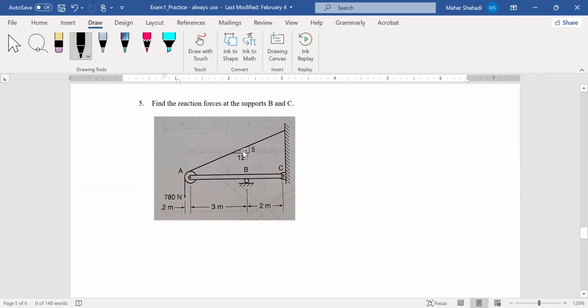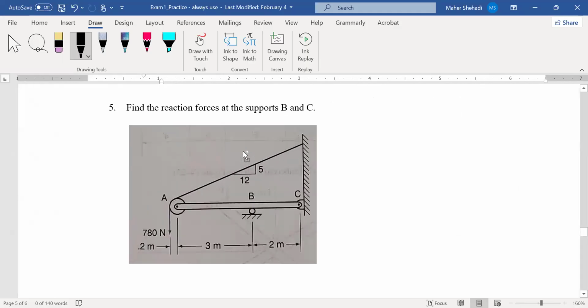Find their reaction forces at the supports B and C. So this one I need to give you one as pin, the other as roller. Otherwise, we can't solve these systems because we only have three equations.